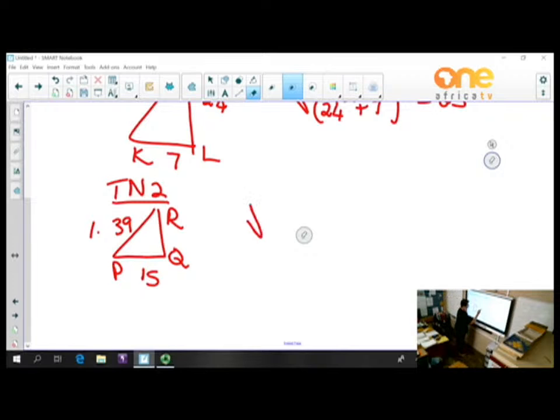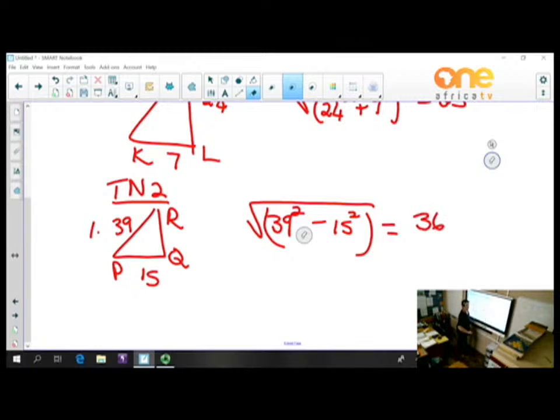So this time it will be 39 squared minus 15 squared. And again, we can do it on the calculator. The square root of brackets, 39 squared minus 15 squared, it will be quite a large number, is equal to 36.